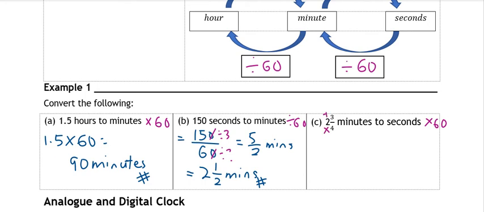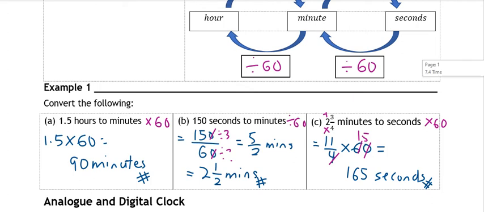Multiply and add: 8 plus 3 is 11 over 4 minutes, times 60 to get seconds. 60 divided by 4 is 15, and 11 multiplied by 15 gives 165 seconds. So that's the first example.